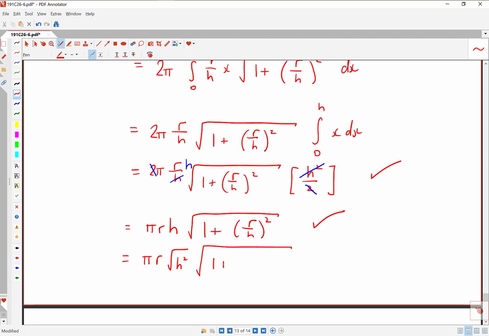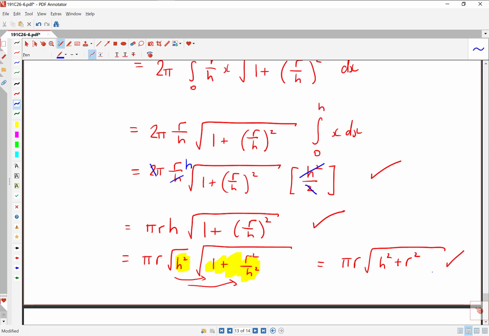Under the root, you have 1 plus r squared over h squared, and as you multiply this h squared through, that's just going to nicely clear the fraction under that root. So if you did that, you'd call that pi r times the square root of h squared plus r squared. And yeah, that looks pretty nice. So also a correct answer.